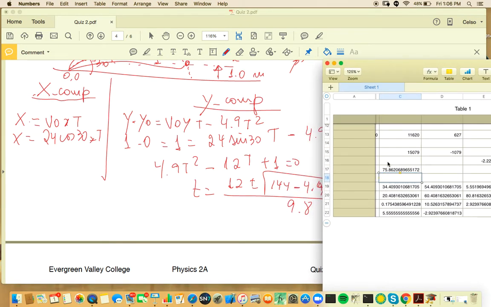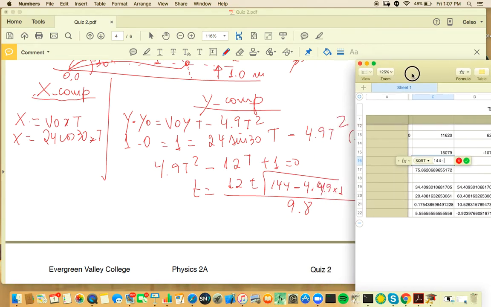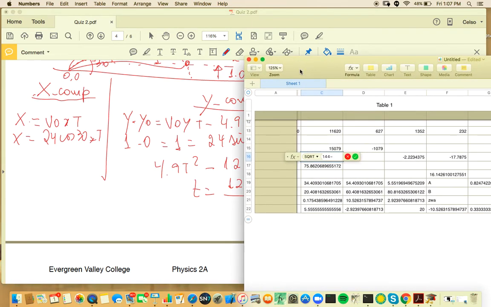Use this thing here. So that is equal to the square root of 144 minus 4 times 4 times 4.9, and that is equal to 12 minus this parenthesis divided by 9.8.